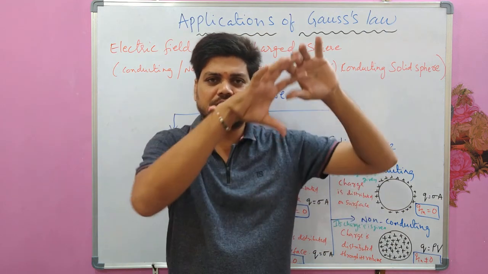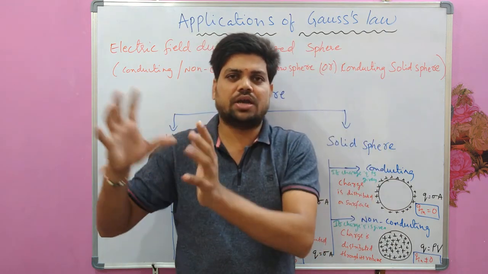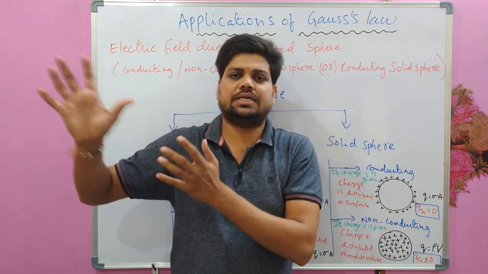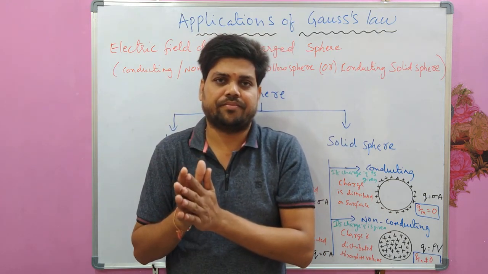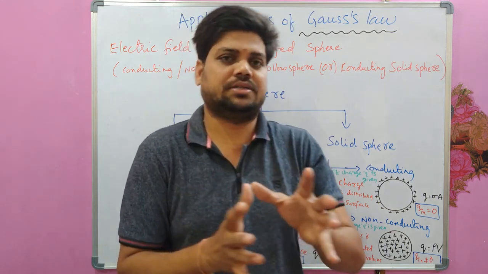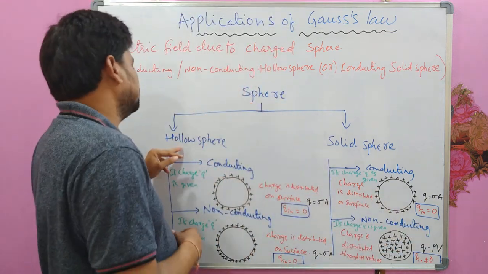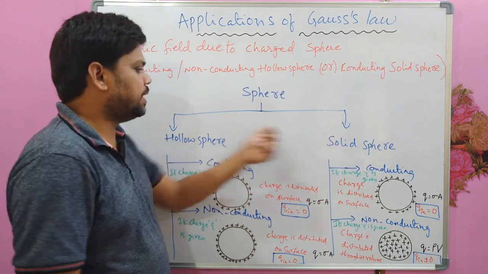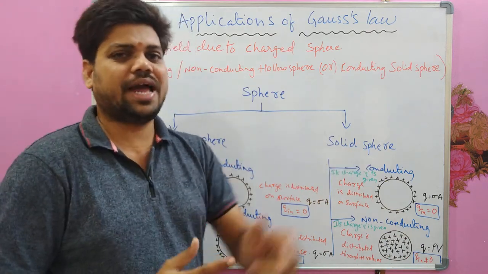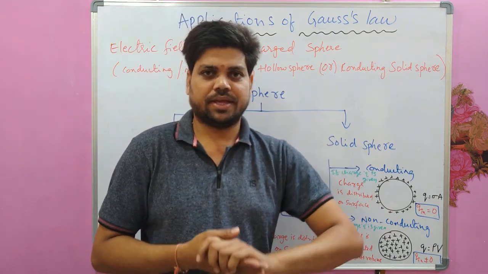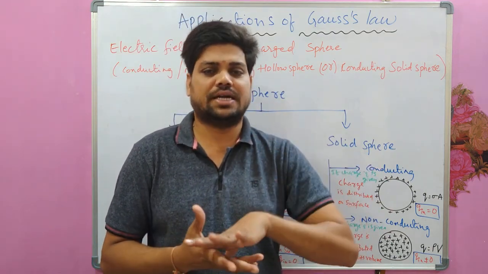Hollow means there is nothing inside. Solid means throughout its volume there is a material. That is the basic difference. So a sphere is of two types: hollow sphere and solid sphere. In each of those we can have two subtypes: conducting and non-conducting.